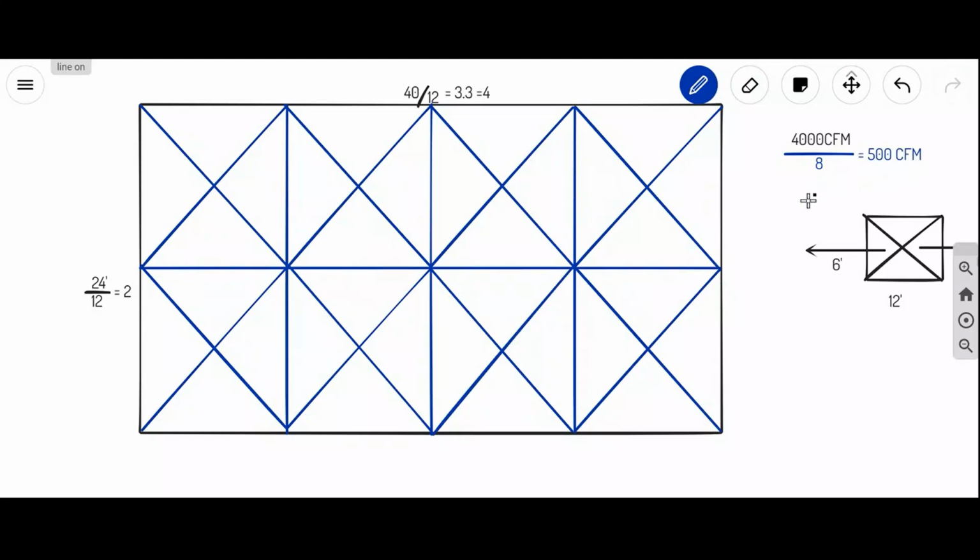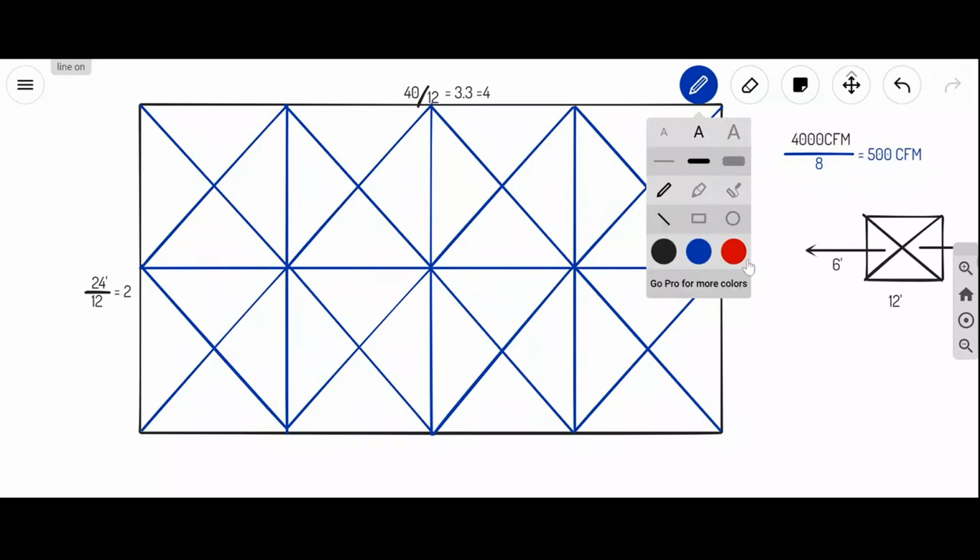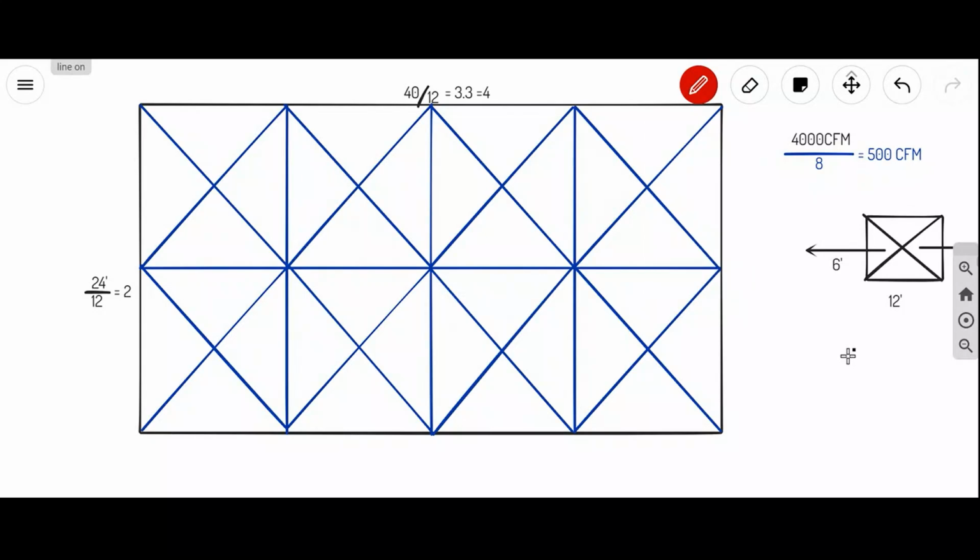If it is 500 CFM each, what is the diffuser size then? 12 by 12. 12 inch into 12 inch. When you come out of those calculations, it is divided by 400.